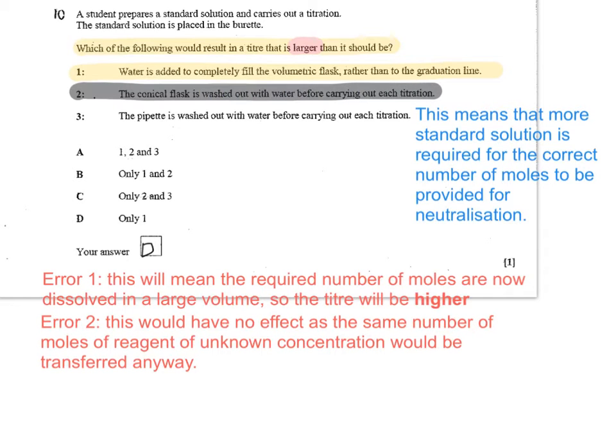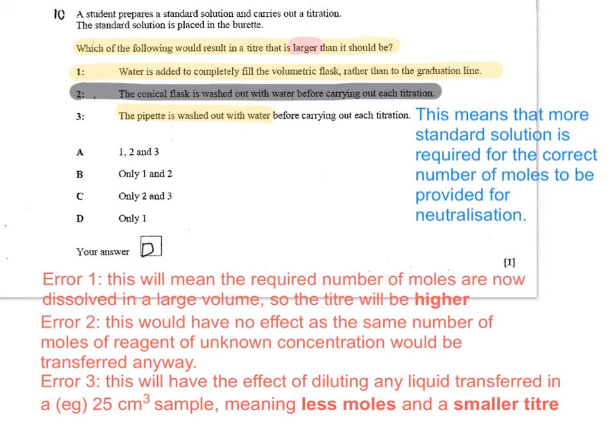Let's now do the next one, where it says the pipette with which you transfer the solution of unknown concentration is washed out with water before carrying out each titration. So that would give us a smaller titer, and that's not what the question wants us to look for.